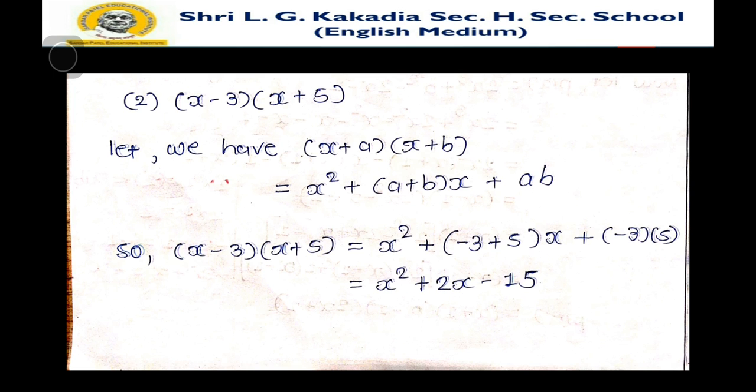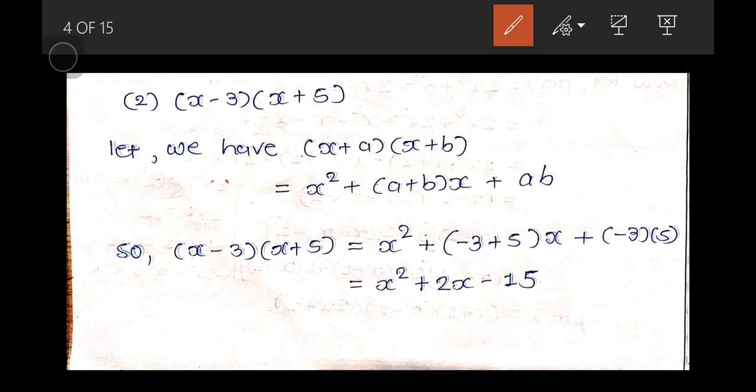Now another product is given here. The second product is x minus 3 into, in brackets, x plus 5. First, you can see that the first term in both brackets is the same, x, but the second terms, the constant terms, are not similar, that is minus 3 and plus 5.